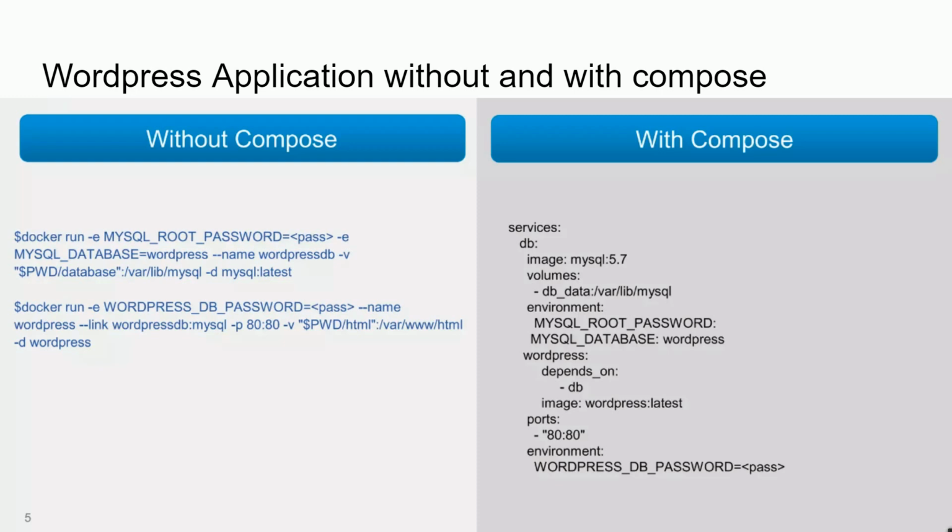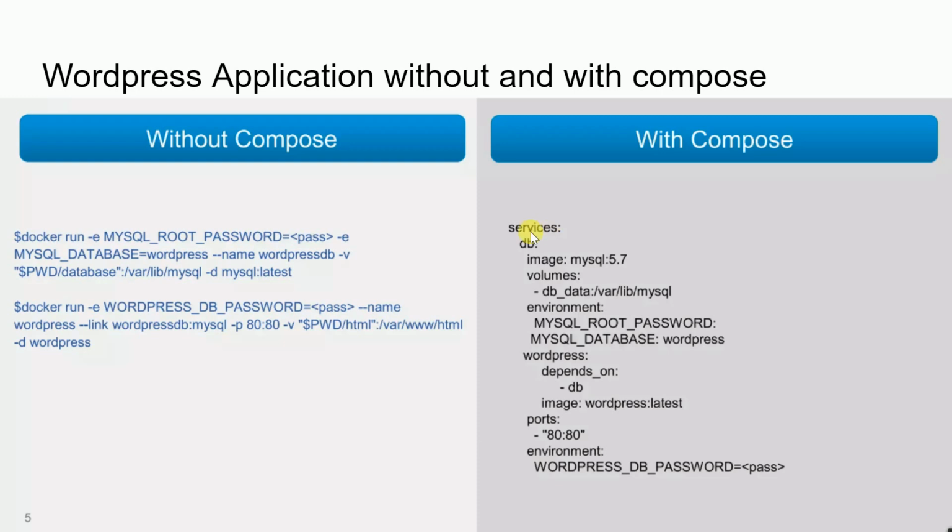Now with Compose, we have the option of services, where we need to define the DB and the web environment: image MySQL, volume db_data, environment. Then WordPress application depends on DB, image WordPress latest, port number 8080, and environment WordPress database.